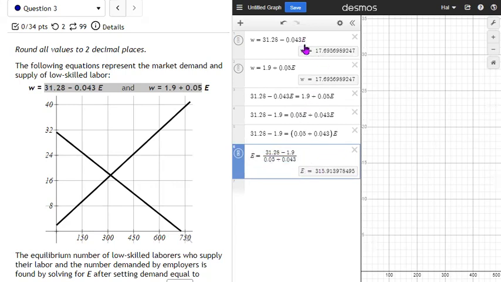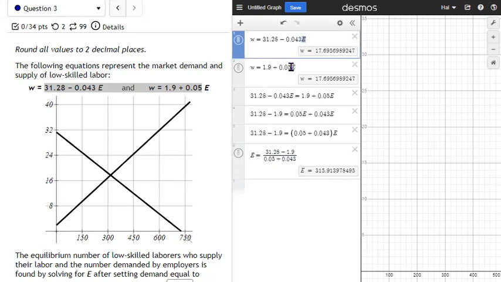It plugs that value into E here, and the result is the exact same number, 17.6956989247. Both these numbers are the same. That means you've done the math correctly. When these two things give you the same wage rate, you've done the math correctly.